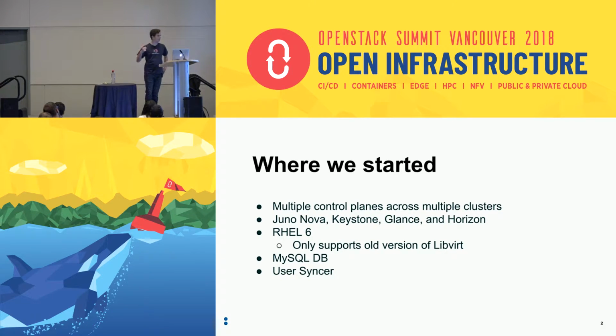So we had to upgrade to RHEL 7. And of course, if you're upgrading to Ocata, you have to have some way of deploying Ocata. So which of these things should we do first? Probably the one that has nothing to do with OpenStack, since that's kind of a solved problem already.